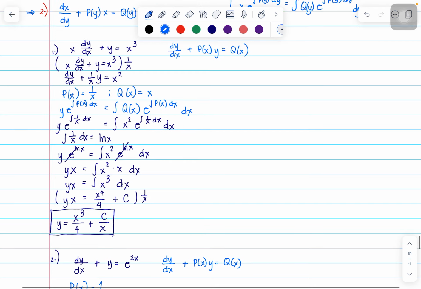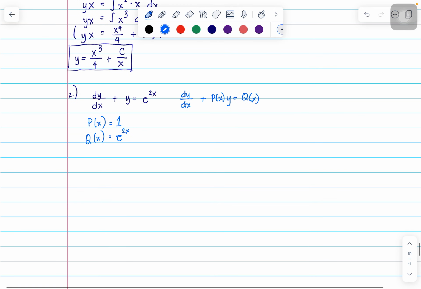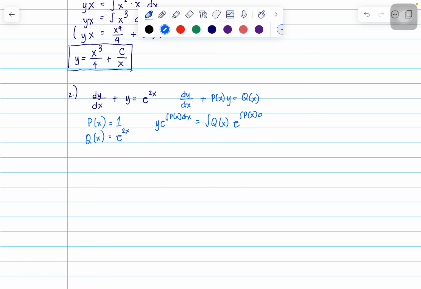So just like the formula earlier, y e to the integral of p of x dx is equal to the integral of q of x e to the integral of p of x dx. Right?